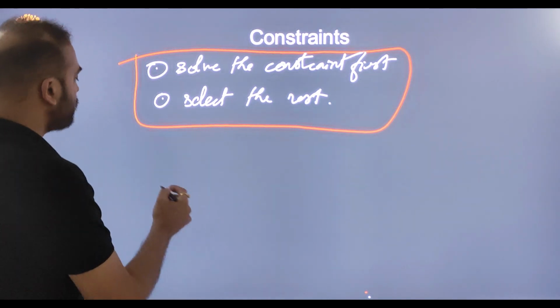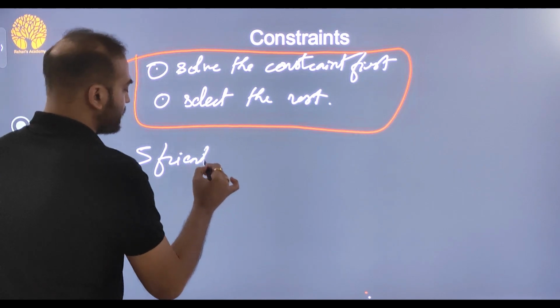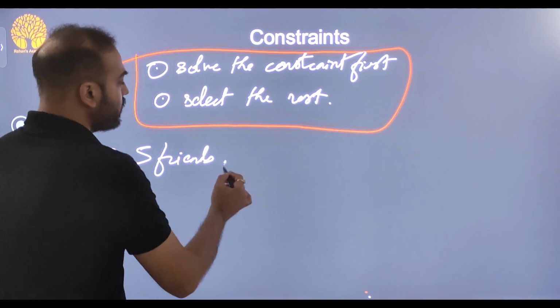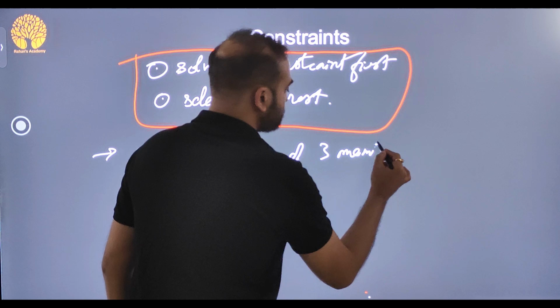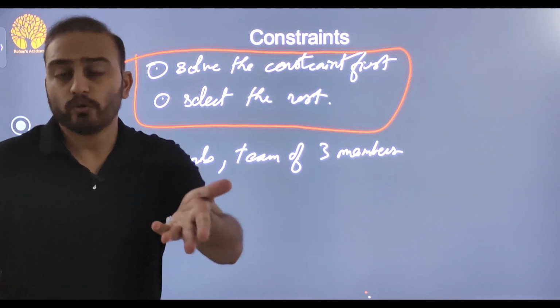Say we have a group of 5 friends. We want to make a team of 3 members. And then we say, obviously, you have to be part of it.